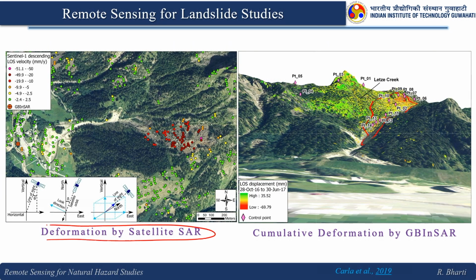This is what they have generated: deformation by satellite SAR, and this is the cumulative deformation by GB-InSAR, right. So how beautifully they have integrated all the information to study the landslide. This is what is needed. You have to have the dedication to study a particular landslide event.